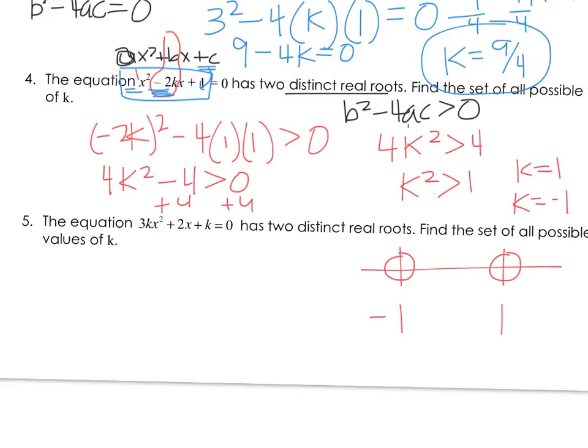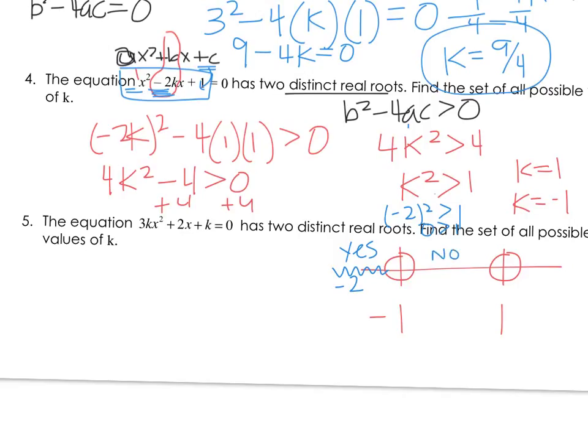And now we test points on each side of the interval. So you could test a negative 2. If I put negative 2 in here, negative 2 squared, is that greater than 1? Yes, so that means I would shade here. I put in 0. Is 0 greater than 1?